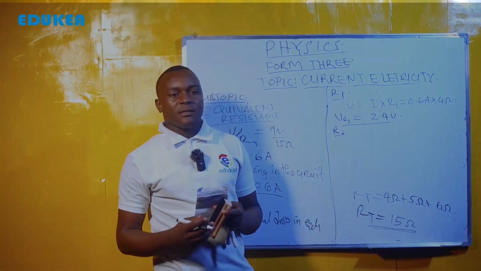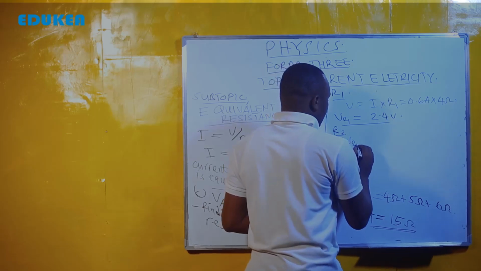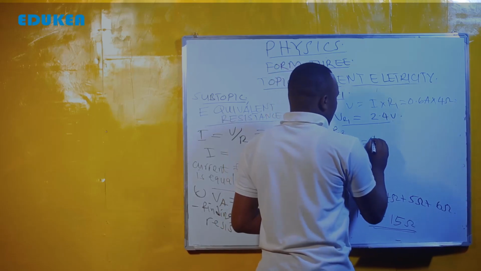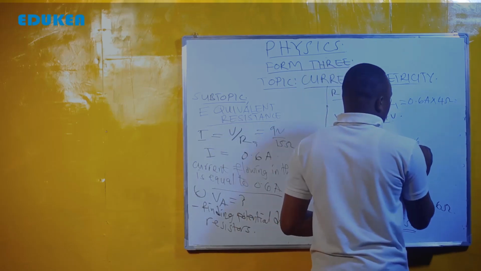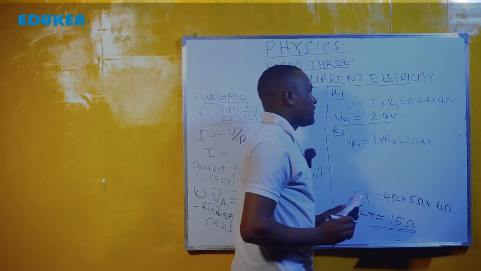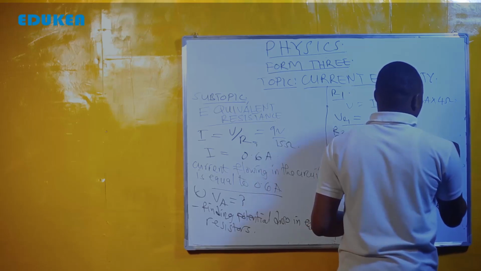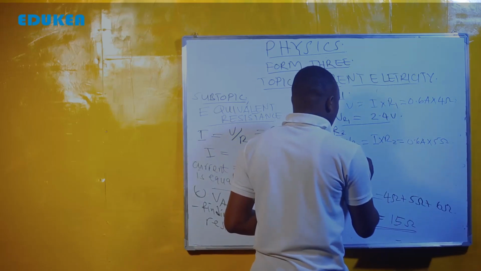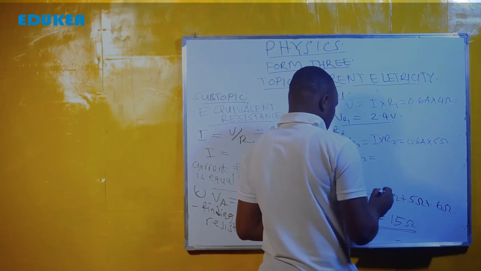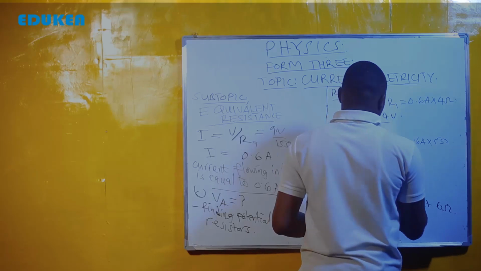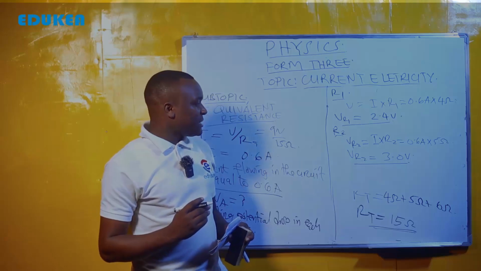The potential drop at resistor 2 will be given by V of R2 equal to I times R2, which is 0.6 ampere times the value of the resistance, 5 ohm. If you multiply, the potential drop at resistor 2 will be equal to 3.0 volt.